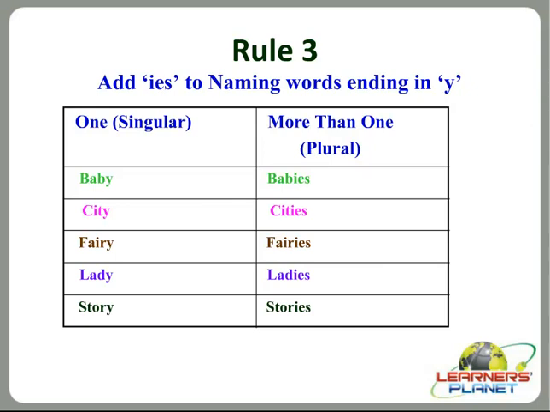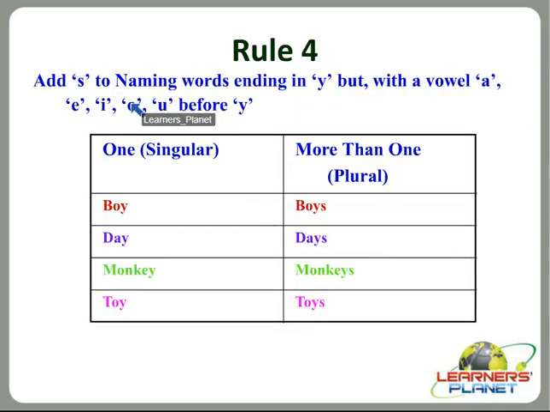Now, let's look at the slide. Add S to naming words ending in Y. In the last slide also, students, we have done words ending in Y. But on this slide, add S to naming words ending in Y, but with a vowel, A, E, I, O, U, before Y. So, if you have a vowel just before Y, what is a vowel, students?